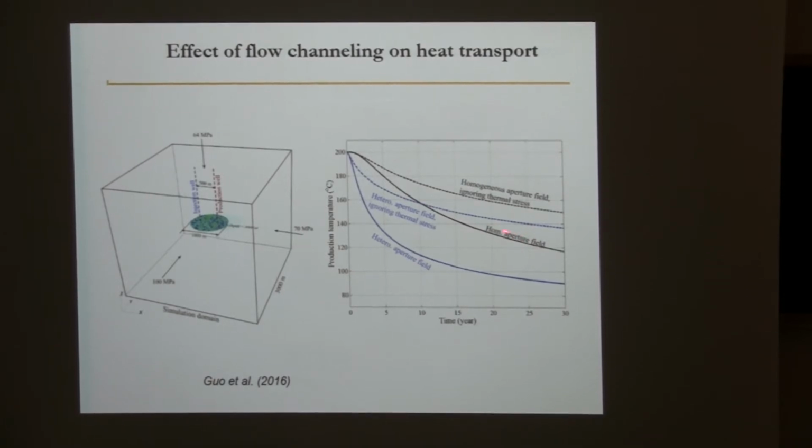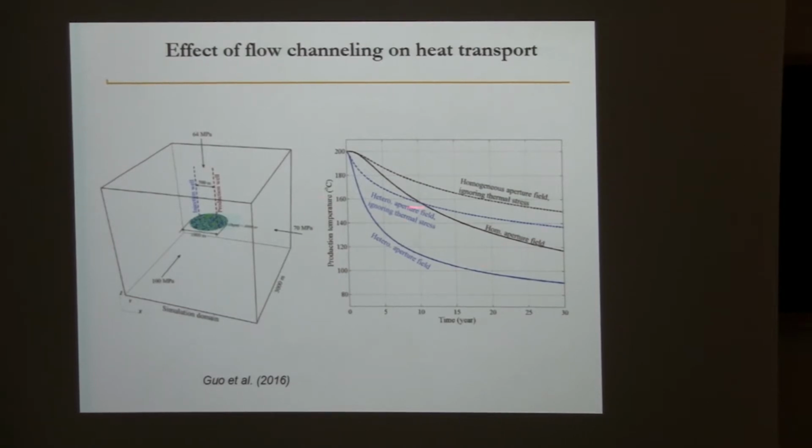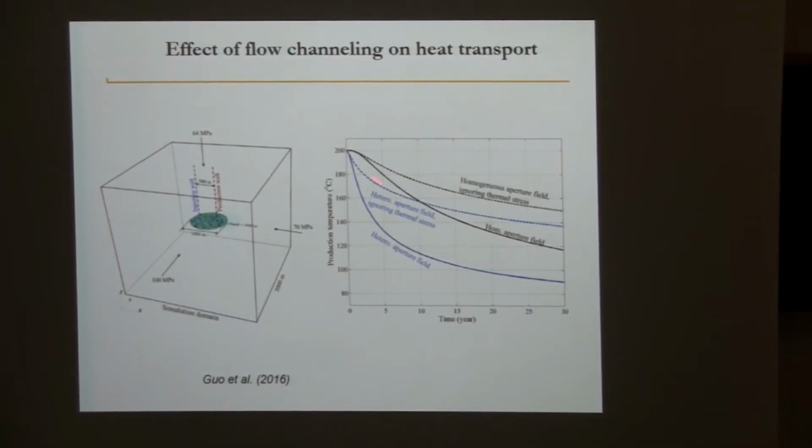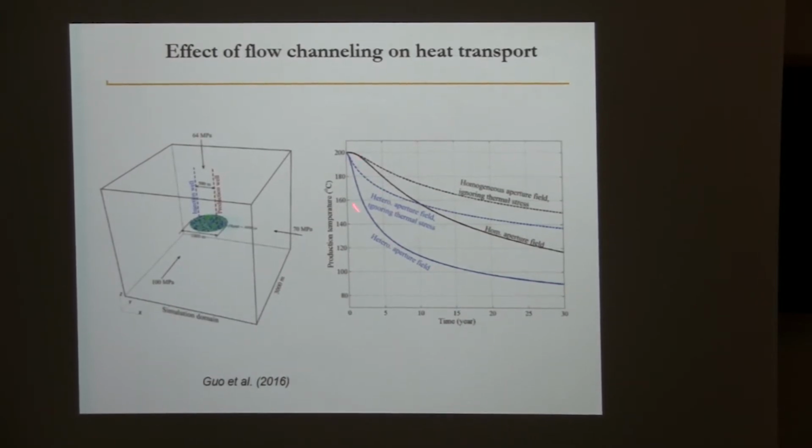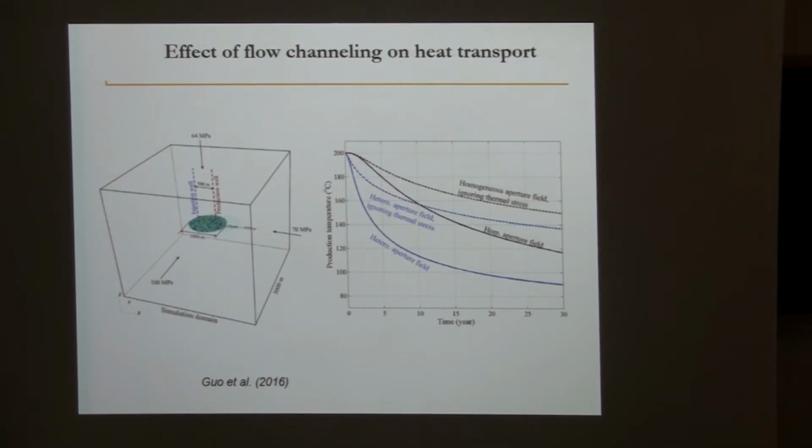But if you consider a homogeneous aperture field taking care of the thermal stress, then the decrease will be much stronger. And if you consider a heterogeneous aperture field, then it can lead to a strong decrease, and the life expectancy of this system is really dependent on the aperture distribution, on how it evolves through time.